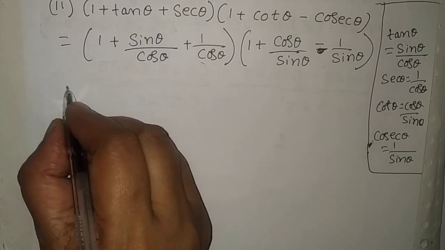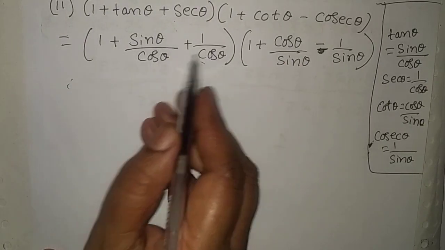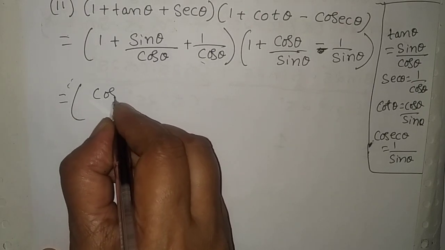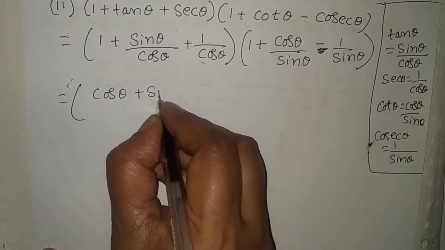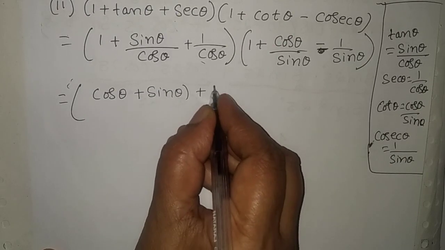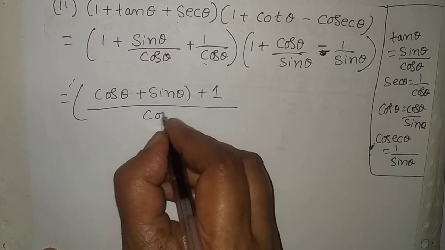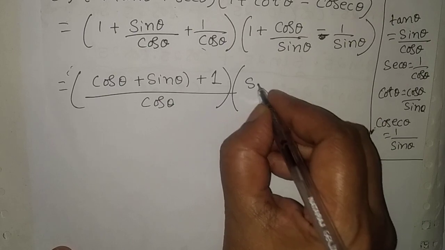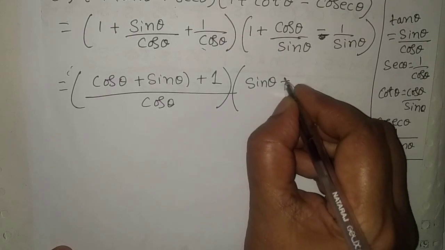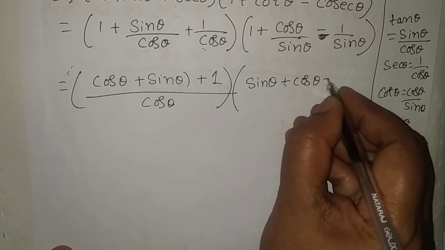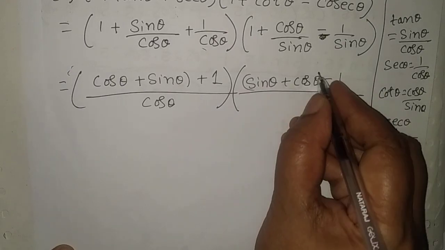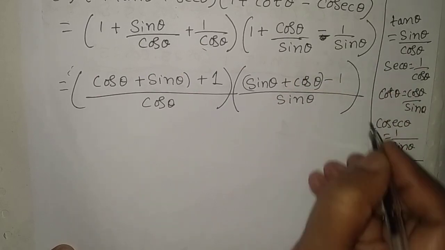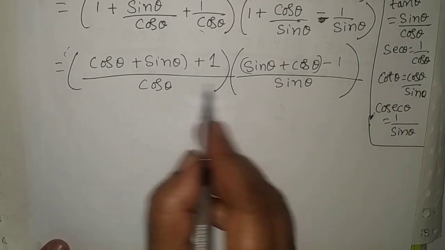After this, cross multiply. Here cos is common, so take the LCM: cos theta plus sin theta plus 1 by cos theta. Here sin theta is common: sin theta plus cos theta minus 1 by sin theta. Next, multiply this.